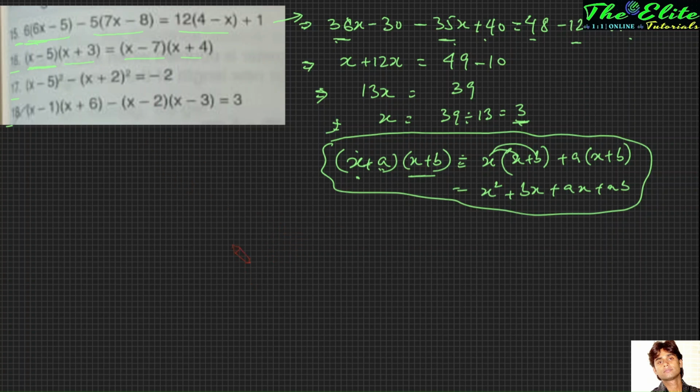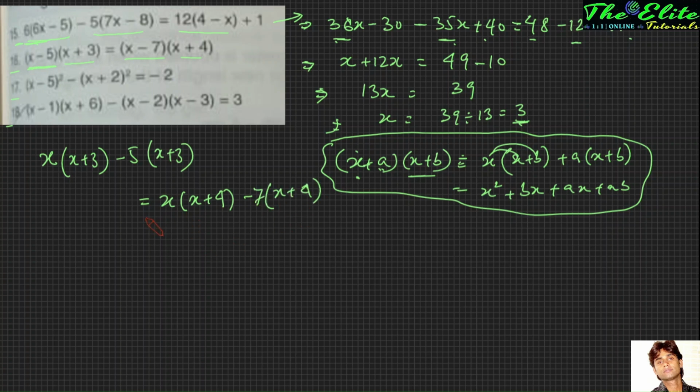Let's see how it is solved. What is the question? x minus 5. So I will write x and you will use x plus 3. Then I will use minus 5 and x plus 3. I hope you understood, right? I have just distributed. This is going to be equal to which one? x plus 4 and then minus 7 multiplied by x plus 4.